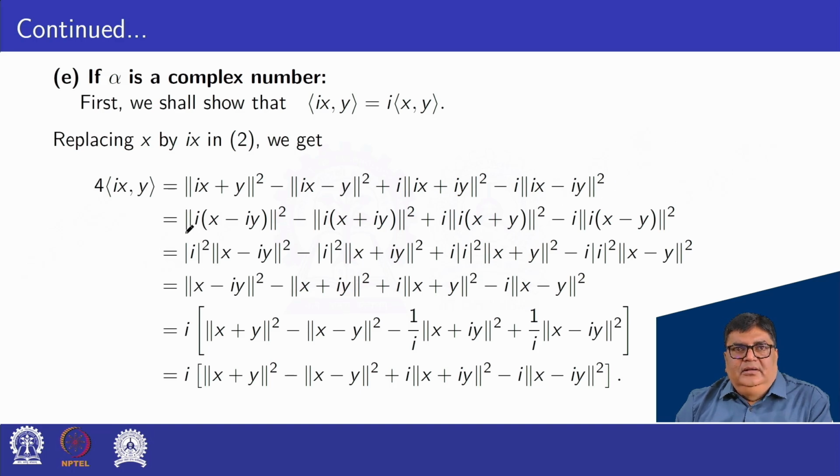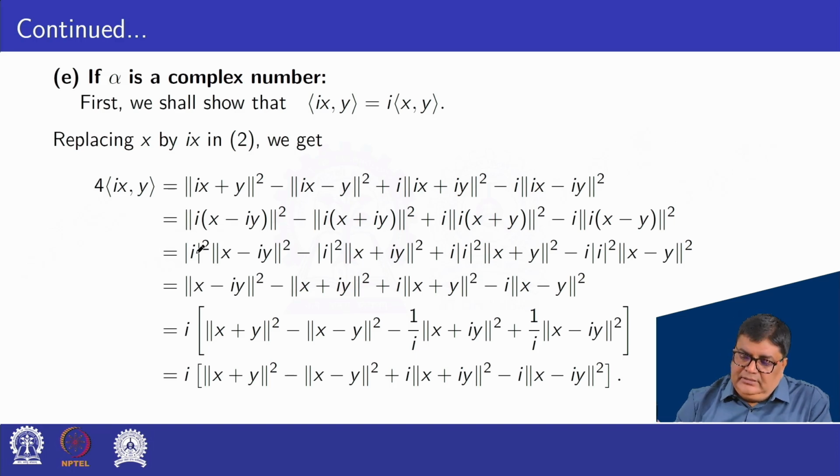This can be written by taking i common: i into the norm of x minus iy, here common i, so this can be written as i into x plus iy, and i common here also. So we can write this expression.